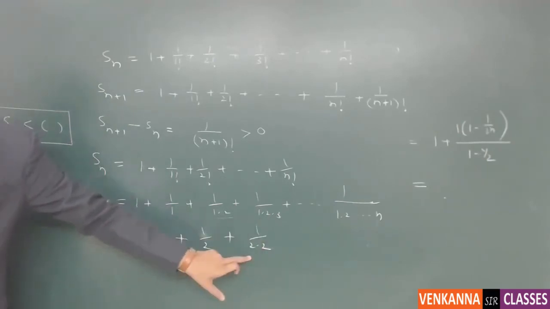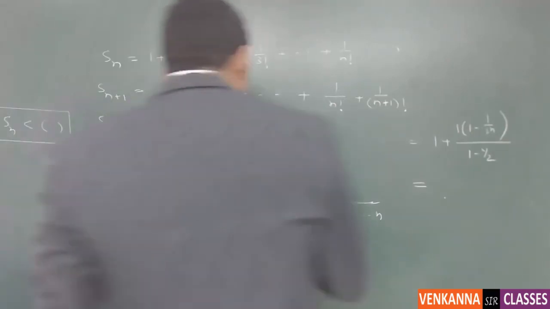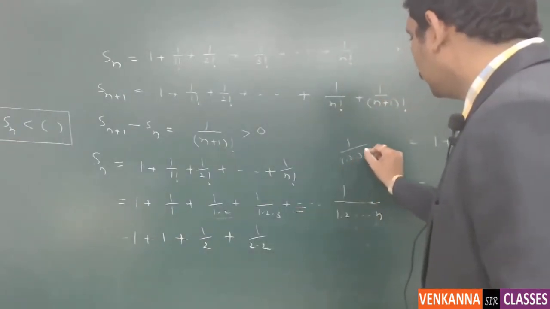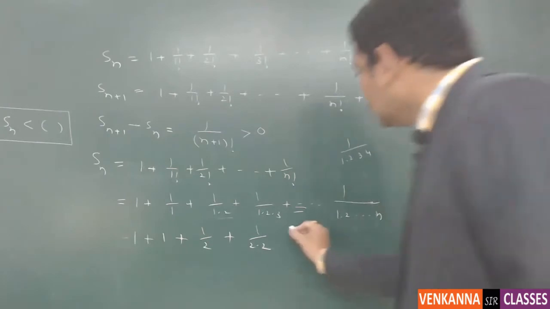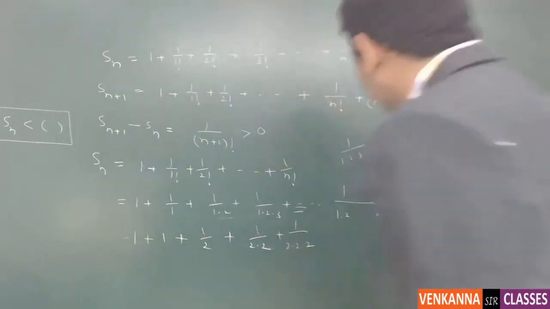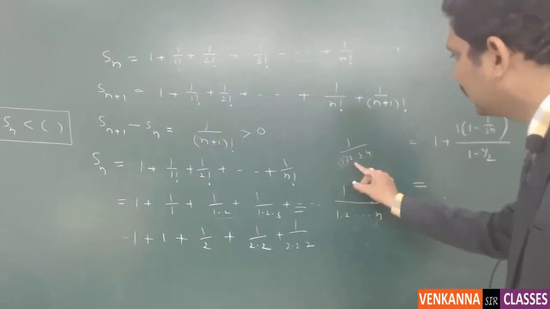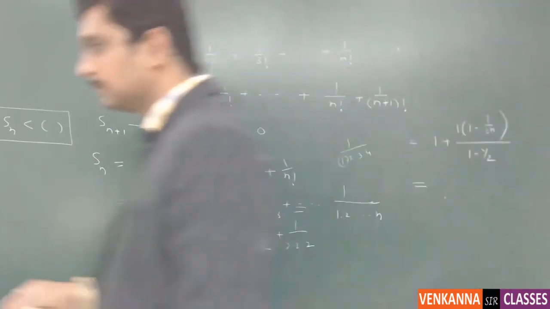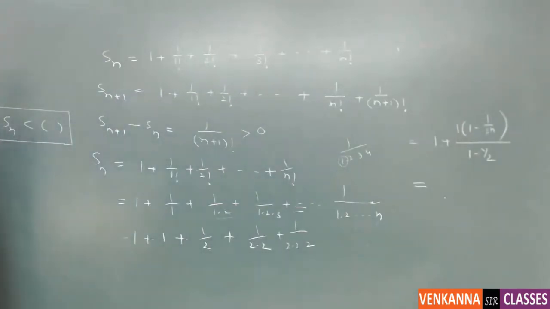This part and this part, when comparing. In this term, the value will be 1 into 2 into 3 into 4, the 4 factorial. There I will write 2 into 2 into 2, because this one is negligible here. You have three 2's.